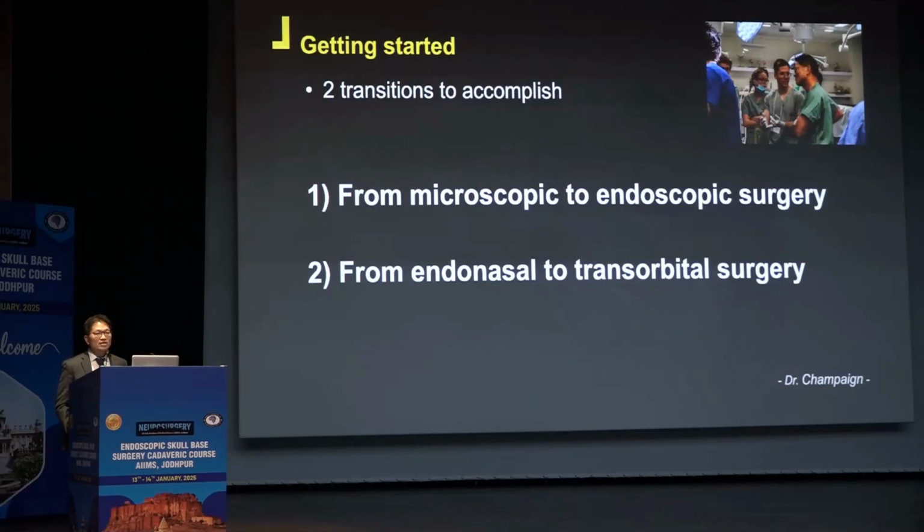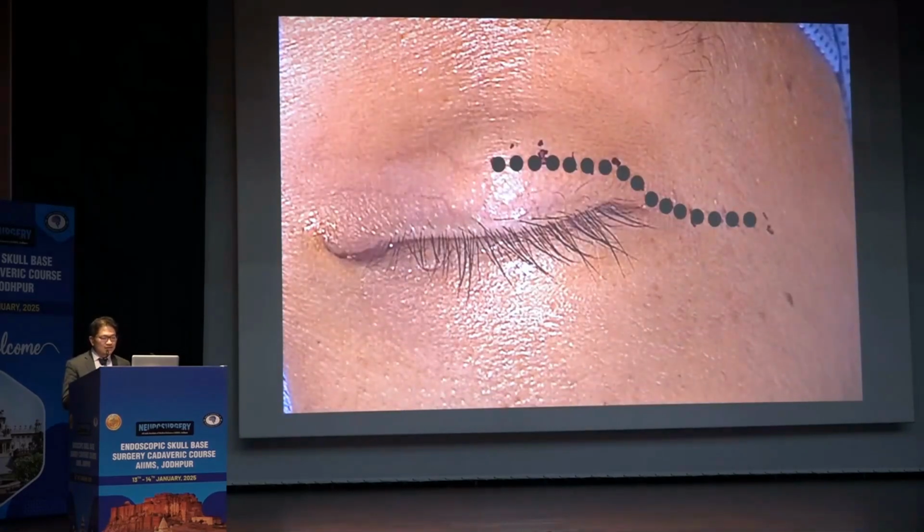To perform the transorbital surgeries, we have to take two steps. We first have to transit from the microscope to the endoscopic surgery. And also from the endonasal, we have to transit to the transorbital surgery. And this is my favorite skin incision, depending on the case.